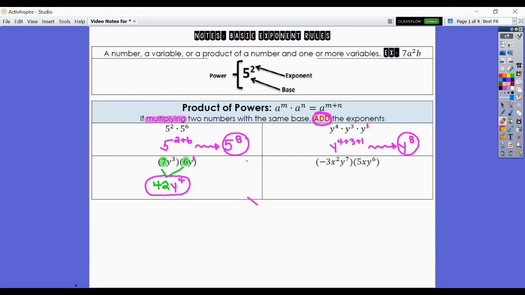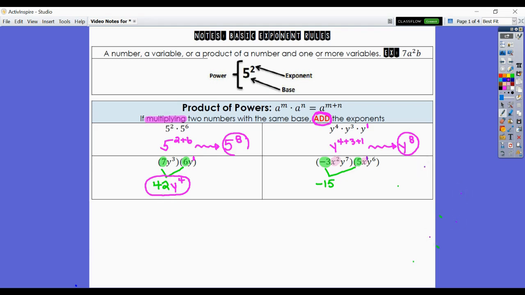Next example, again, numbers without exponents, we go ahead and just multiply them like we've been doing for a while. Negative 3 times 5 we know is negative 15. Then, with the same base, we add the exponents, so I will add the exponents on my x terms. I have 2 and then 1 over here.